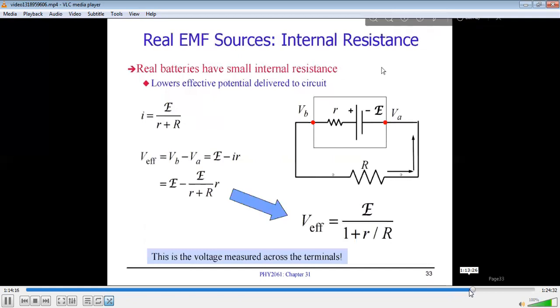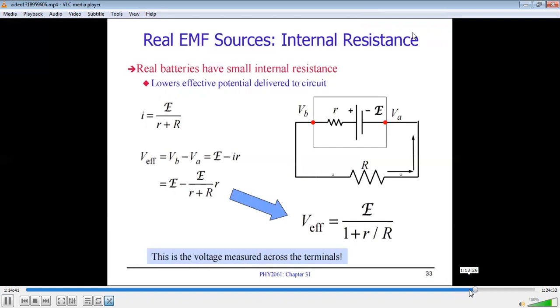Now a real EMF source with internal resistance. To calculate with the internal resistance, the small internal resistance will be small r. Real batteries have a small internal resistance, lowering the effective potential delivered to the circuit: I equals E divided by small r plus capital R, the total resistance. So the effective potential difference will be E minus Ir.